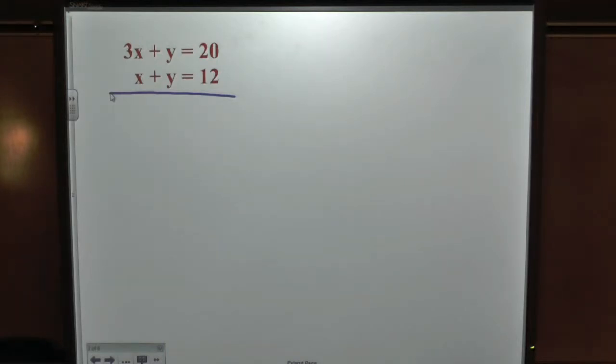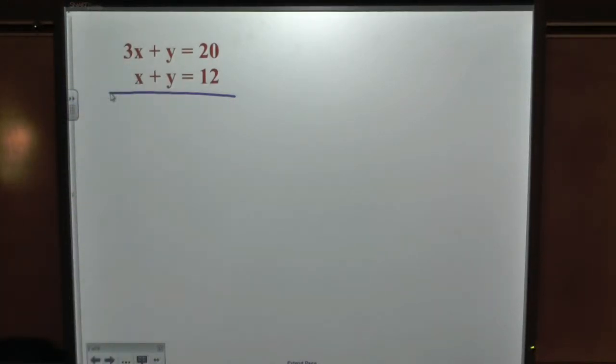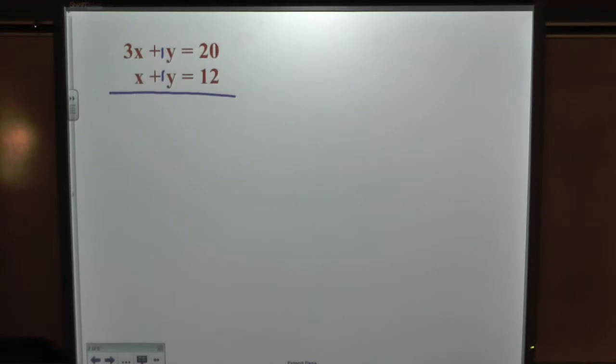So here's your next rule. If you cannot eliminate a variable by adding straight down, your new rule is to look: is there a variable that has the same coefficient in front of it? The same number in front of it. And you have that here. The y's both have the same number, a 1, in front of it, the coefficient.